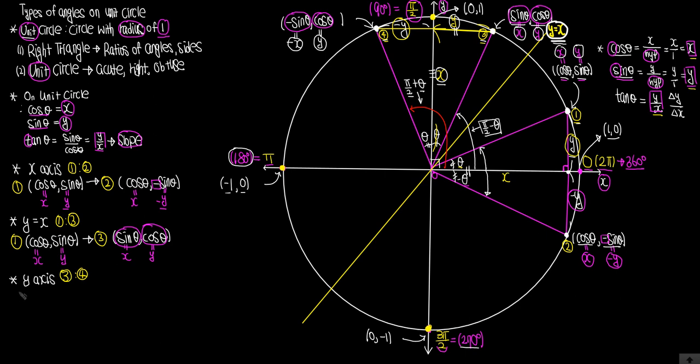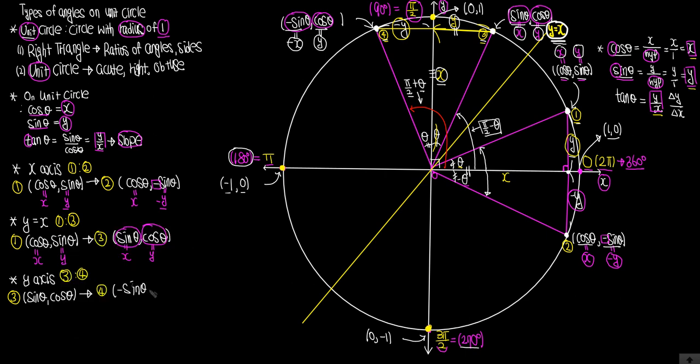The number 3 coordinate, by the y equals x property, is sine theta comma cosine theta. But from there, it has been switched to the number 4 coordinate, as they are y-axis symmetrical, into negative sine theta comma cosine theta.